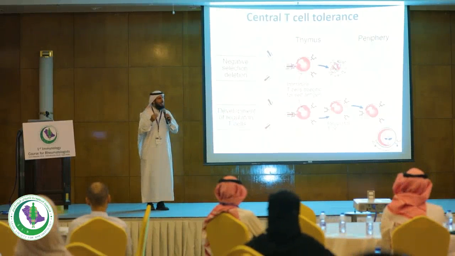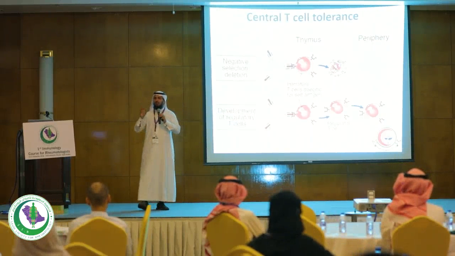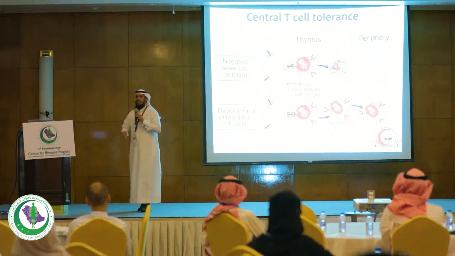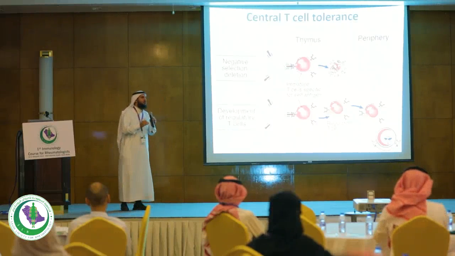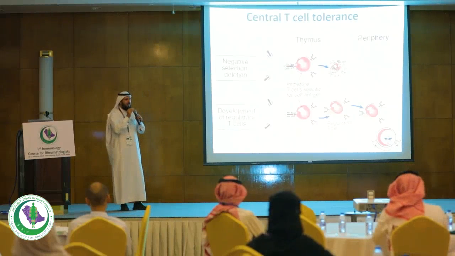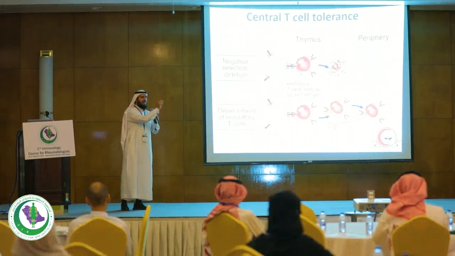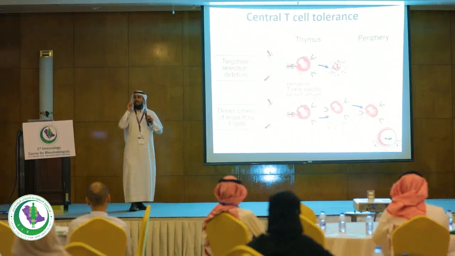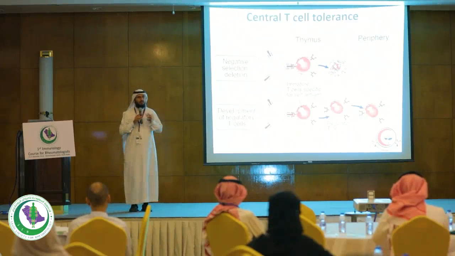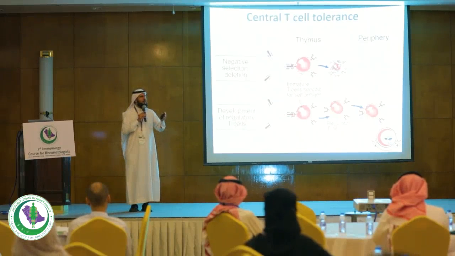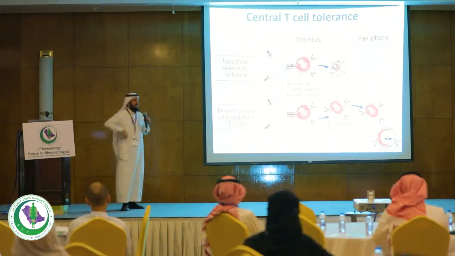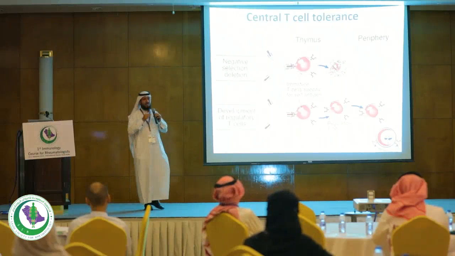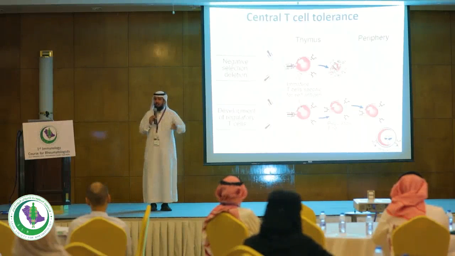So AIRE gene or AIRE protein is important to take a sample from each organ in your body to the T cells to say this is the self-antigen. So if I have AIRE mutation, you should have a lot of autoimmunity. So AIRE mutation, like which disease? Yes, polyglandular syndrome type 1.